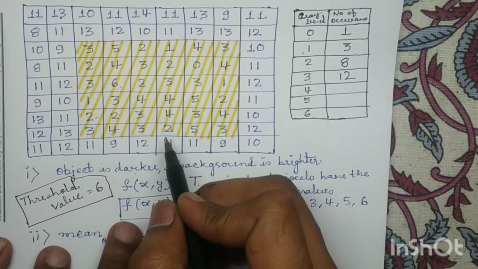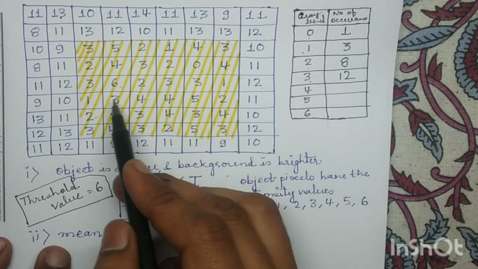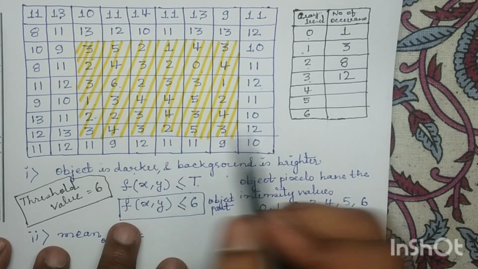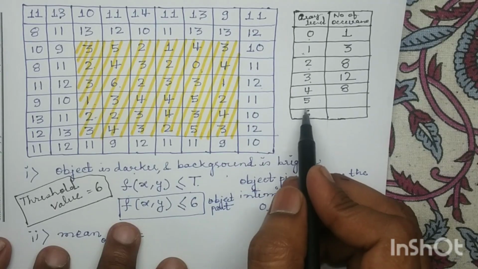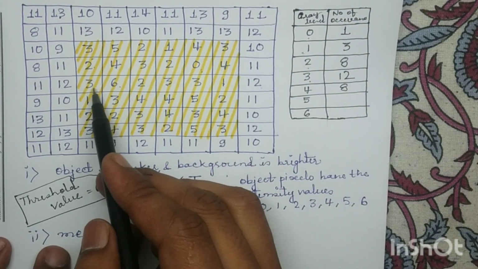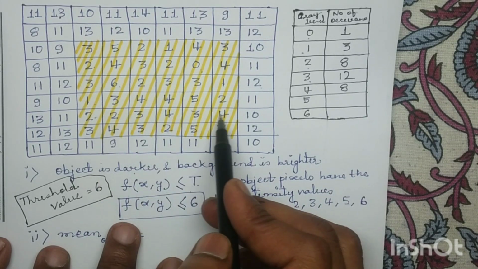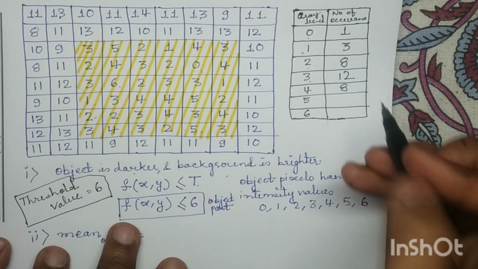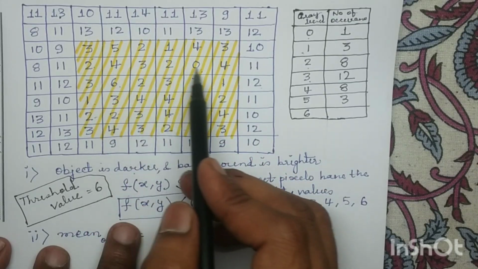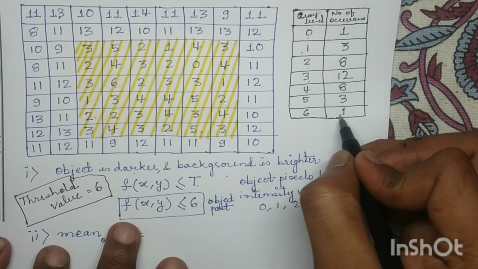Similarly, the number of occurrences of gray level 4 is 8. For gray level 5, it is 3. And for gray level 6, it is only 1.